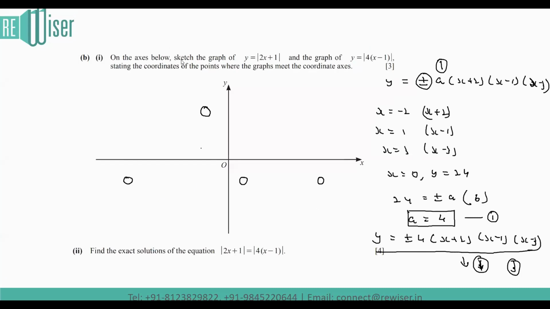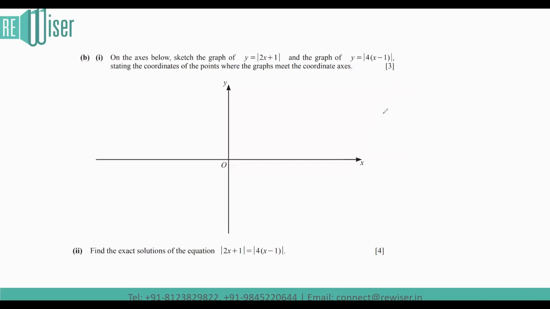B part 1. On the axis below, sketch the graph of y is equal to mod of 2x plus 1 and the graph of y is equal to modulus of 4x minus 1, clearly indicating the coordinates of the point where the graph meets the coordinate axis.